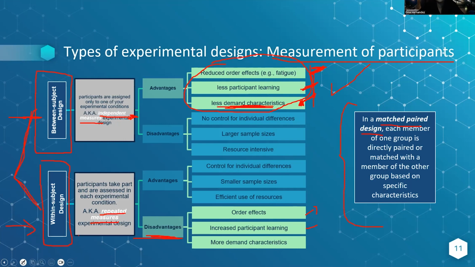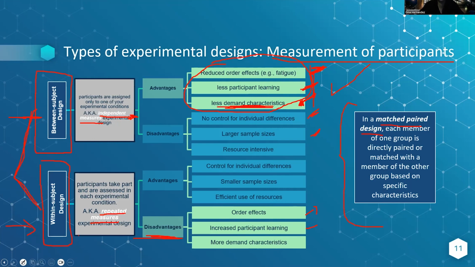Regarding the disadvantages of having just independent measures, just comparing different groups, you cannot control for individual differences, and then you need larger samples, because within subject designs have more statistical power, because you have several measures of the same subjects.